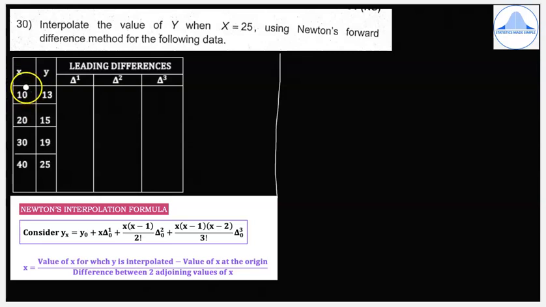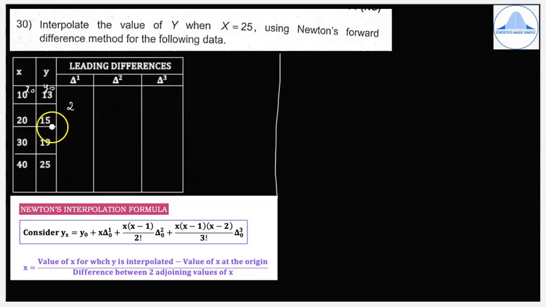So 10 you mark it as x naught and 13 is nothing but y naught. So how do you find out the first leading difference, delta to the power 1? So it is 15 minus 13. You get 2. We write it in between 13 and 15.